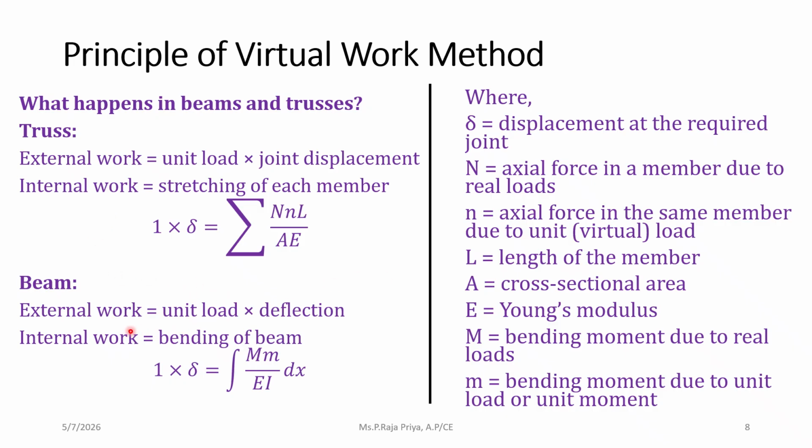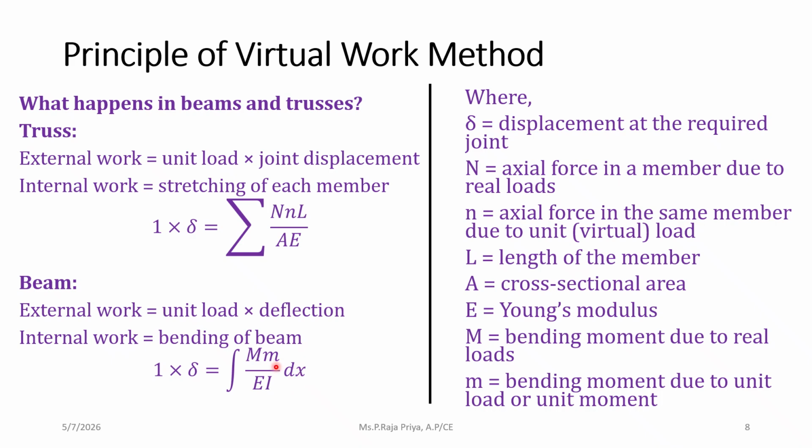In case of beam, the external work is unit load into deflection. And the internal work in case of beam, what happens? Beam just bends. So there will be bending of the beam. The external work, which is 1 into delta, is equal to the internal work, which is the integral of m M by E I into dx.